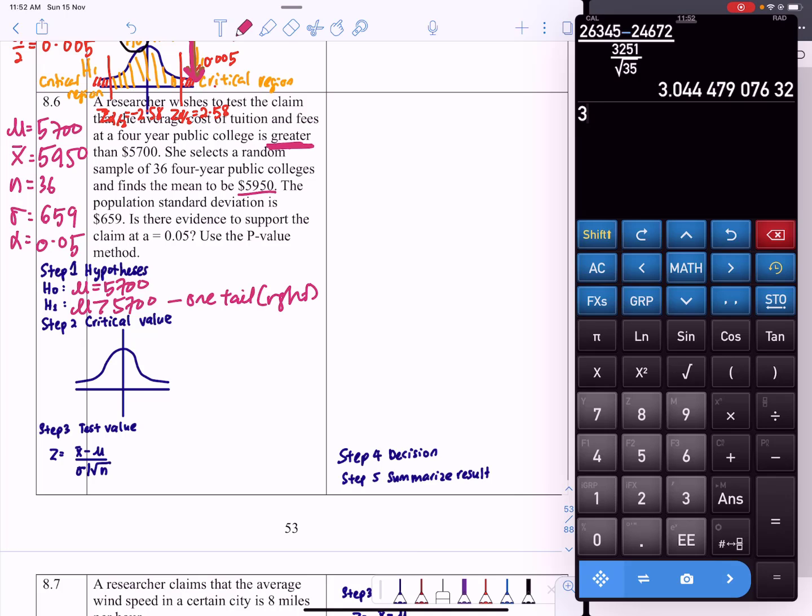Here we have z alpha. This one is H null, this one is H1, this one is the non-critical region, and this one is the critical region.